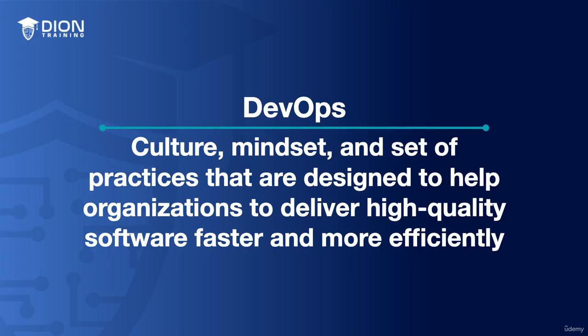DevOps is a culture, mindset, and set of practices that are designed to help organizations to deliver high-quality software faster and more efficiently. It is based on the principles of continuous integration, continuous delivery, and continuous deployment, and emphasizes collaboration, automation, and experimentation. In the context of cloud-native applications, DevOps can help to ensure that applications are deployed and managed in a way that is both efficient and effective.